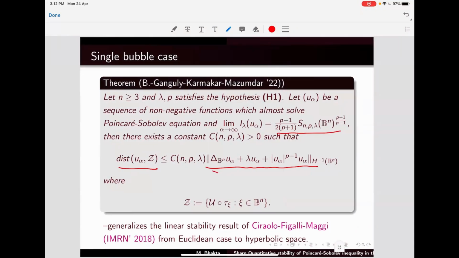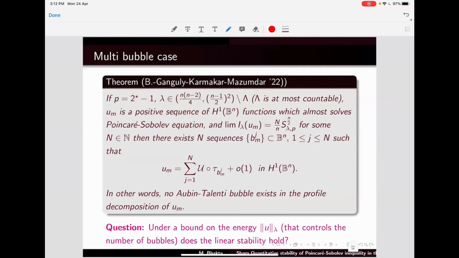So the next theorem: what we have shown is that in this range, in the subcritical case there are only hyperbolic bubbles, but in the critical case there are Oberth bubbles. But we have found a countable set capital lambda, which is a subset of this one. If we remove that countable set and take lambda from the complement, then there is no Oberth bubble in the decomposition.